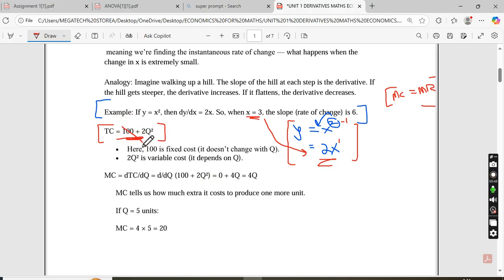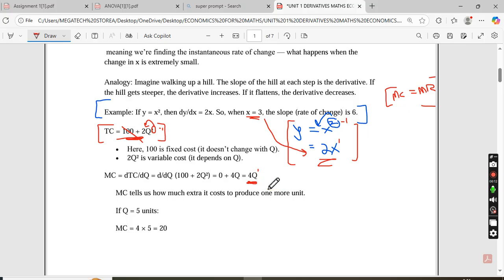So this 100 goes. Then this 2q squared, you multiply the exponent 2 with the coefficient in front of the letter. 2 times 2, you get 4. Then you subtract a 1 from the exponent. 2 minus 1, you get 1. So our marginal cost is 4q.